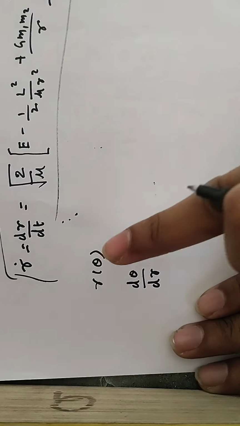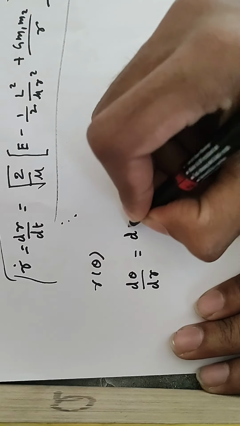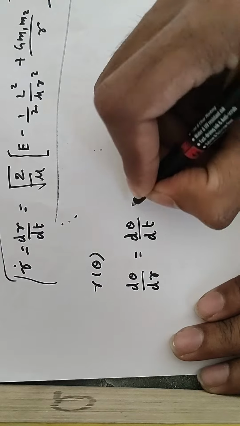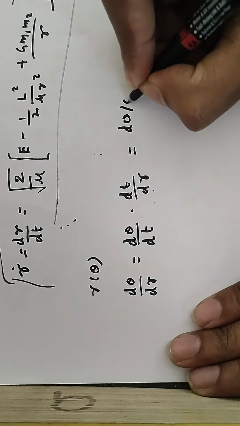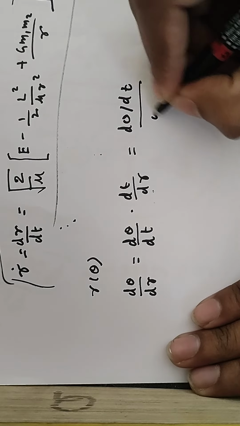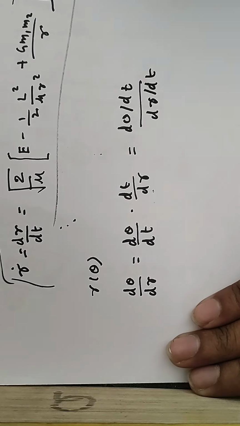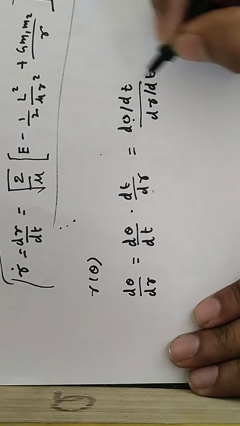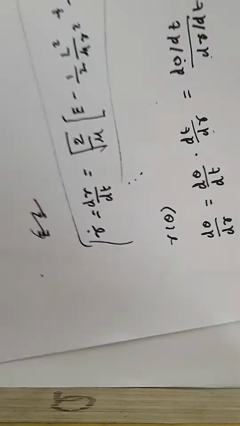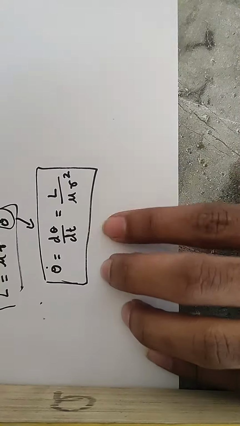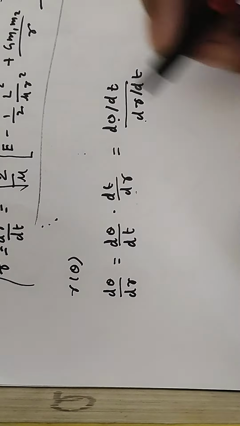So I can write d theta by dr as d theta by dt upon dr by dt. I know d theta by dt, I know dr by dt. It's here and here. So it's easy to write the differential equation.